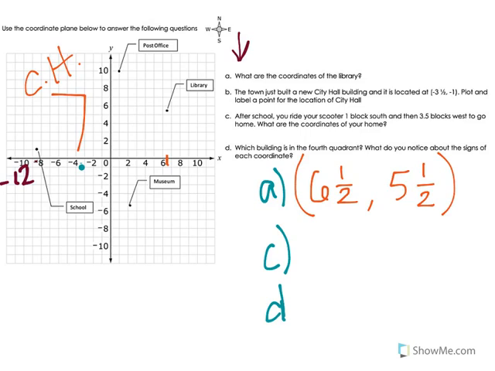Okay, so since we went down 1 block, that means I am now at the x-axis, so my x value is 0. And then I went over 3.5 blocks, so I went from -8.5 to -9.5 to -10.5 to -11.5, and then that half block put me at -12.